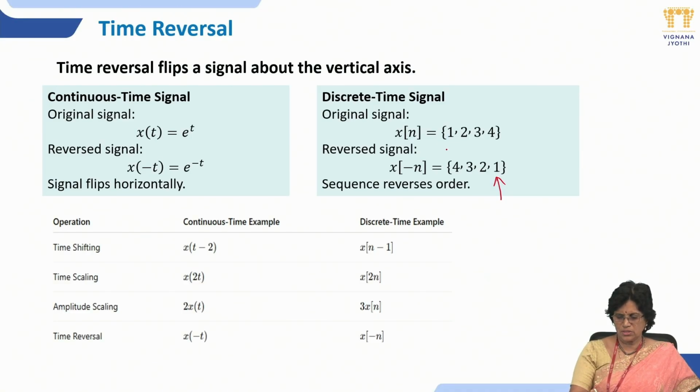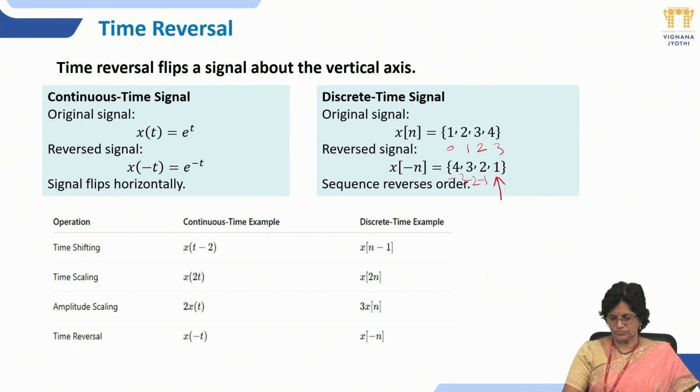So this is 0, 1, 2, 3, and this is 0, minus 1, minus 2, minus 3. Whatever signal you have, exactly it is flipped, the sequence in reverse order. The axis is also a mistake here, not mentioned clearly. We have to represent that by using an arrow.